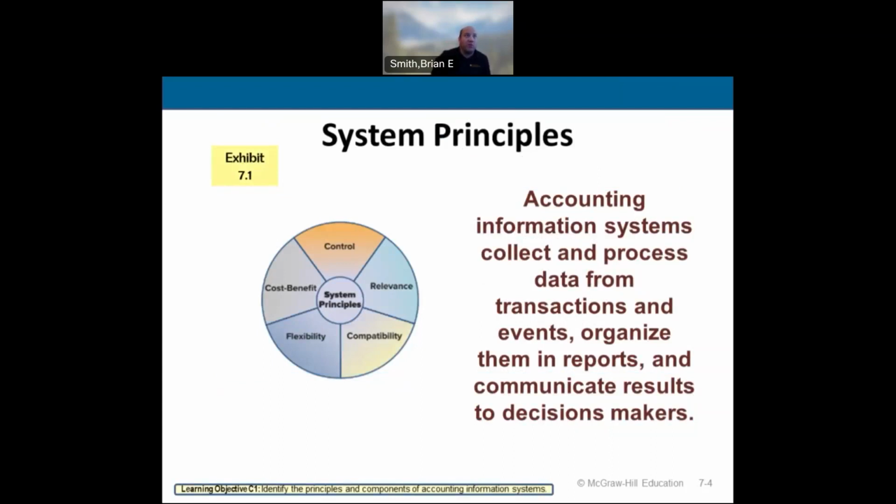Compatibility: it needs to be compatible with your company. You need to make sure that what it does is what you need it to do. Flexibility: it needs to be able to grow with you, so your system can do what you need it to do in the future. And then cost benefit. If this system is going to cost so much money that it outweighs the benefit, then don't do it. The cost needs to be lower than the benefit.